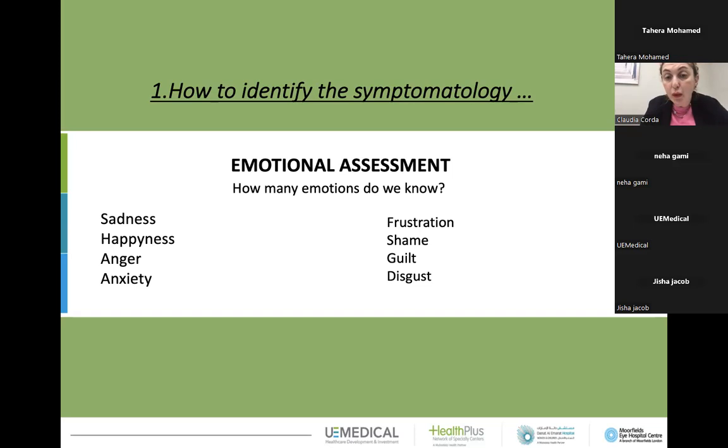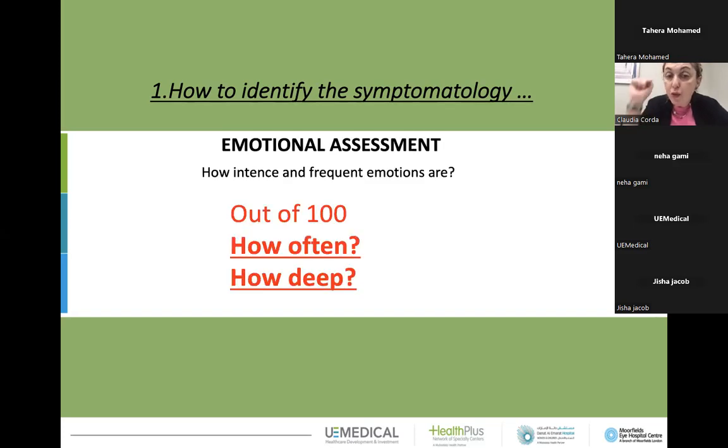When we are clear with our patient that they know what we are talking about and they know what an emotion is, then we can ask them, how often do you have this emotion and how deep is this emotion?